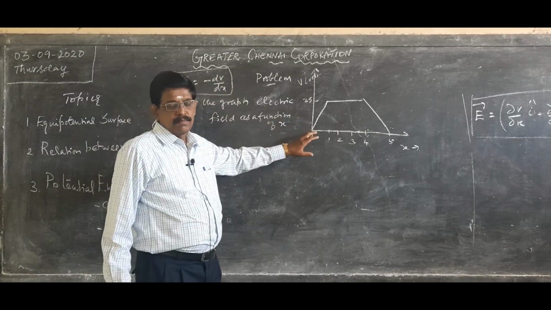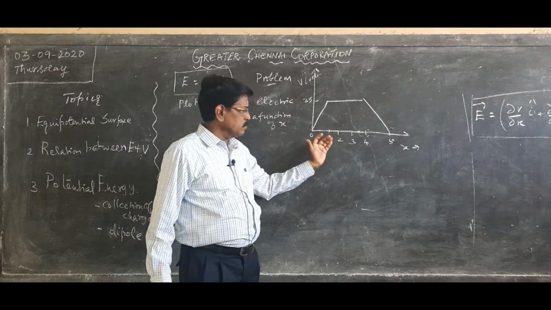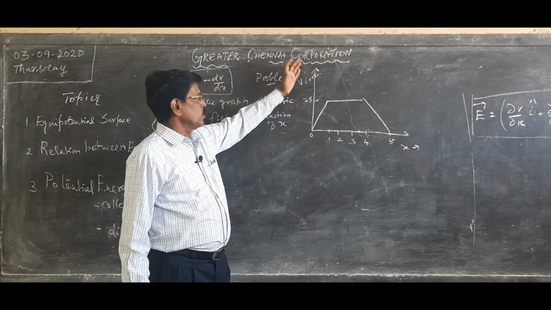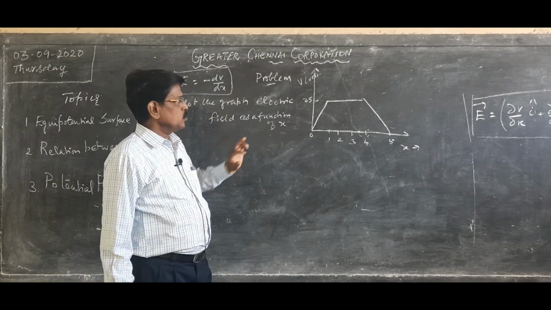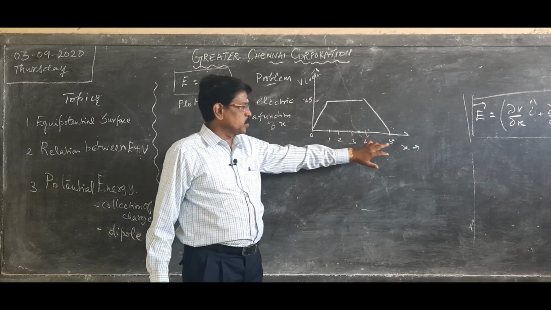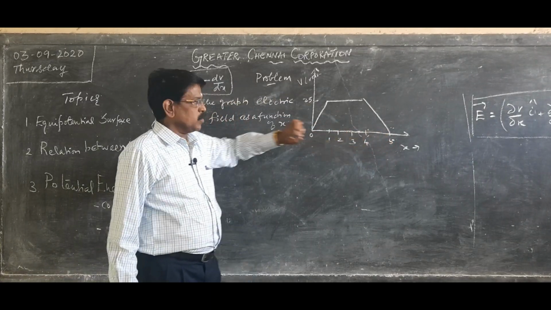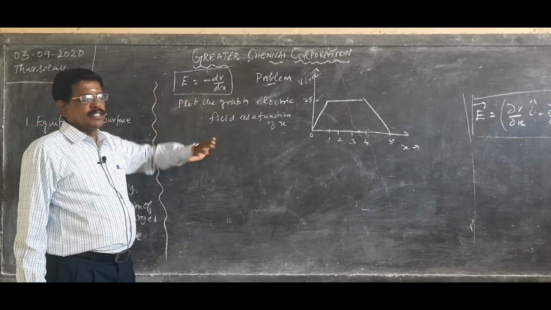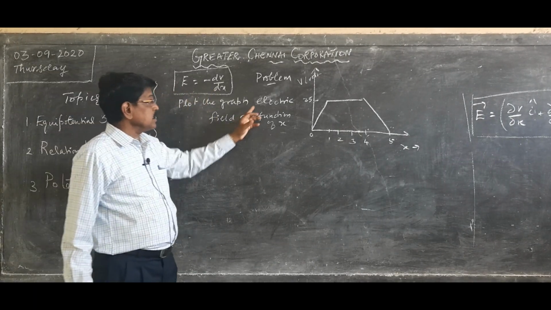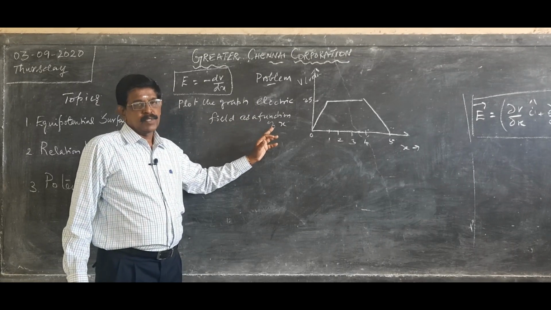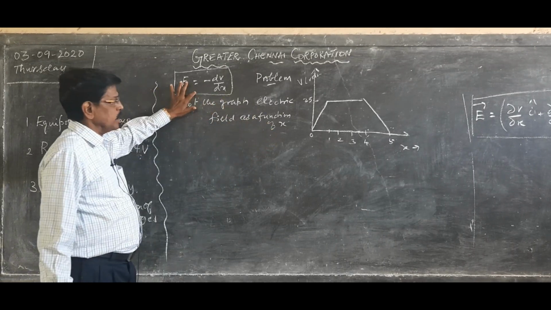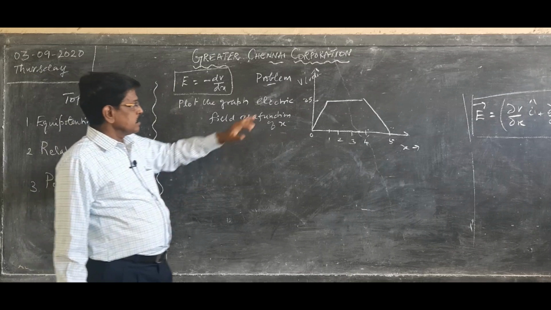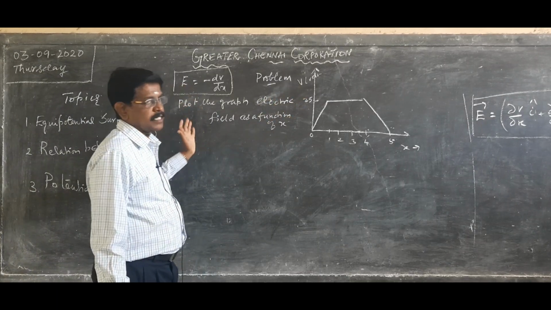A graph is given. It is a graph between the distance x and, on the y axis, potential. So the variation of potential with distance is given. The question here is, we have to plot the graph, or change the graph, into electric field as a function of x. So using this formula, we are going to convert the potential into electric field.